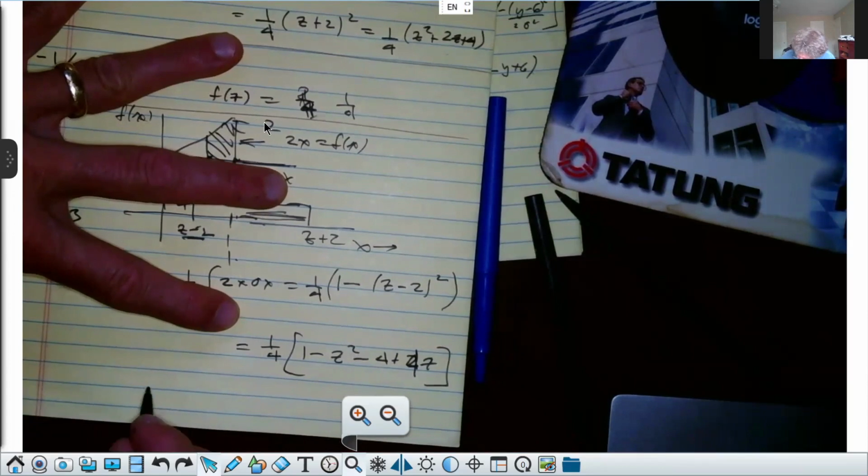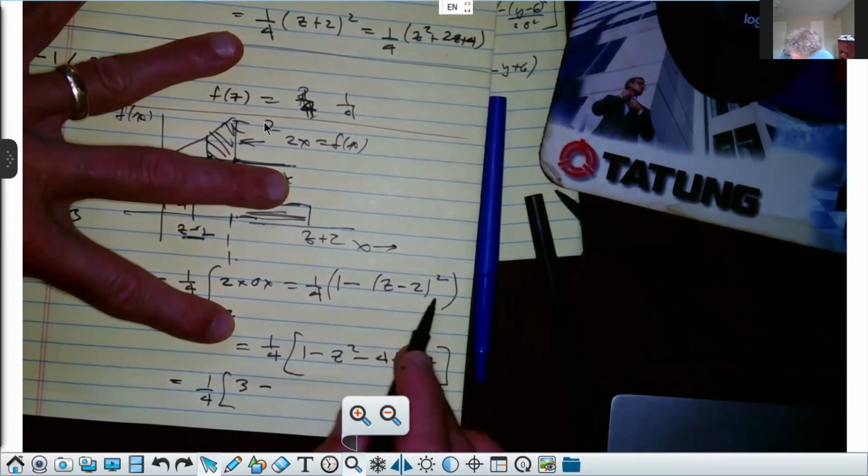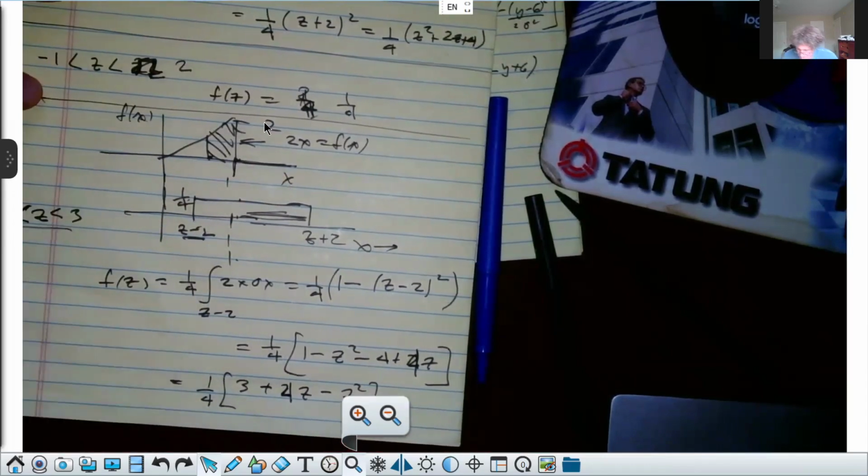Agreed? Here I have 1/4, and then 3, you could just leave it like this if you want, 3 plus 4z minus z squared, and that's true for z between 2 and 3.